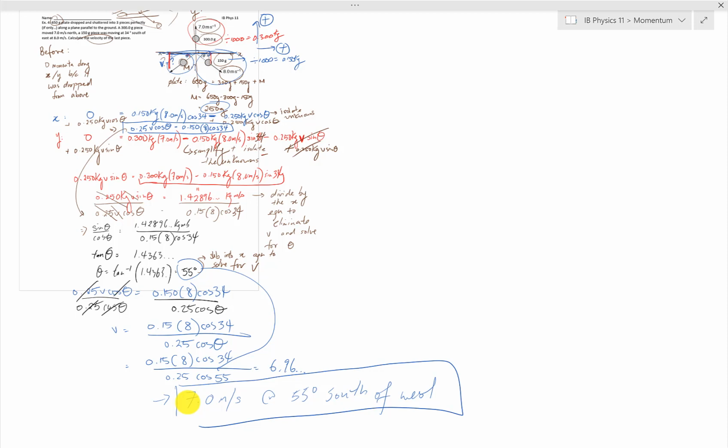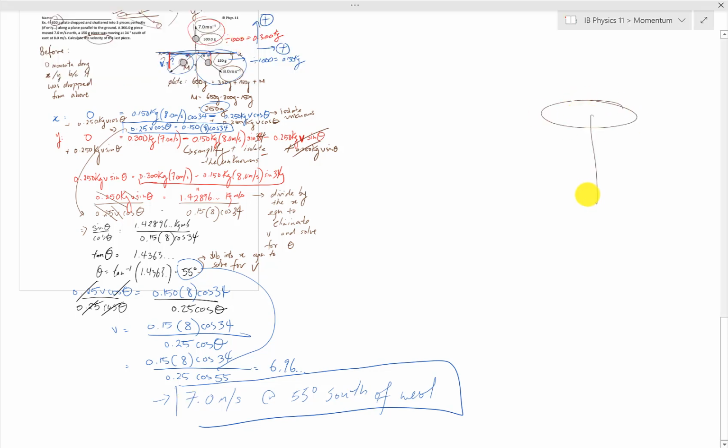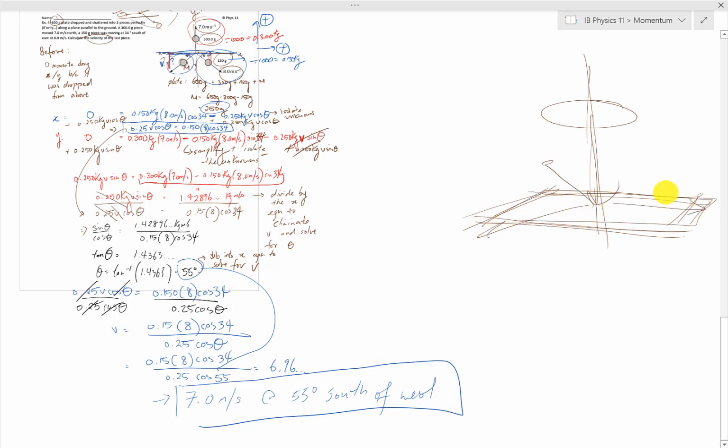I kind of glanced over it before we did this problem. When the plate drops, all of its momenta is up and down. And when it shatters on the ground, it's going off in a direction that's parallel with the ground. So that's why we have the north, south, east, west directionality, not the up and down direction.